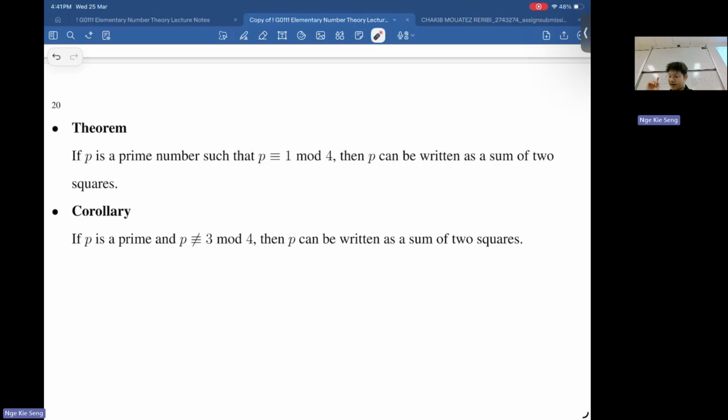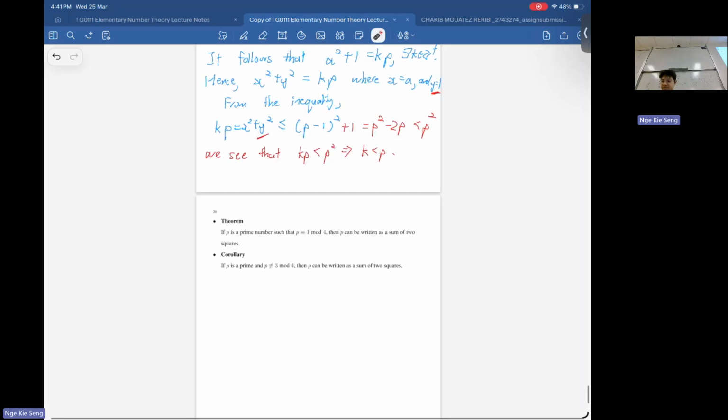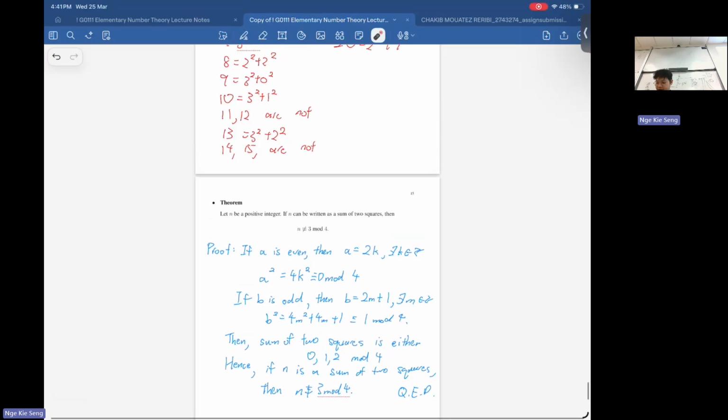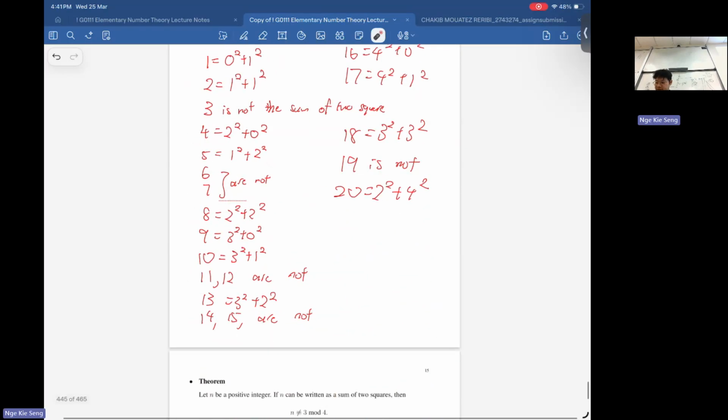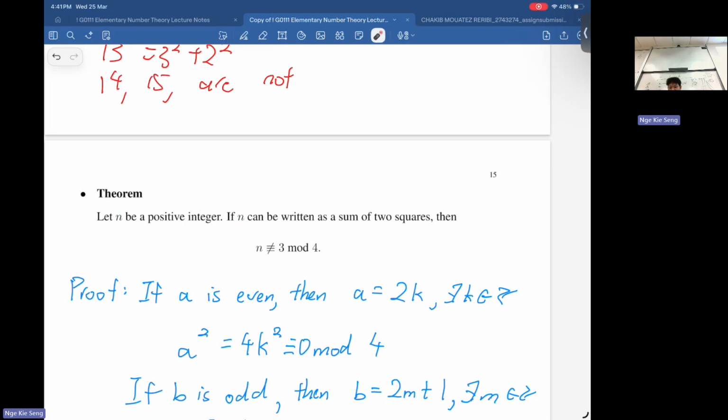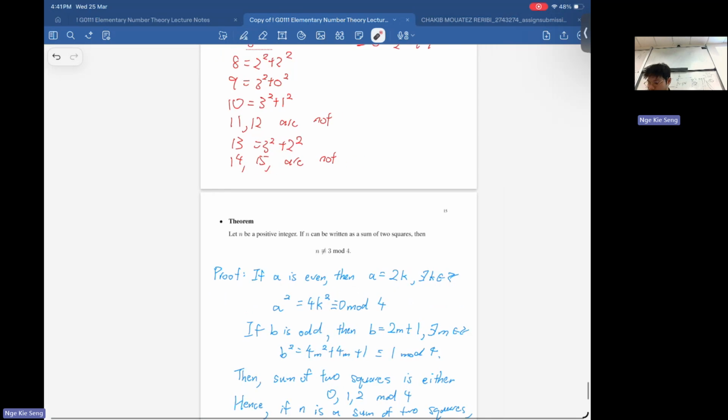But what's significant about this is, remember that just now we have a necessary condition that if n can be written as a sum of 2 squares, then n cannot be 3 mod 4. Let me write it down here.